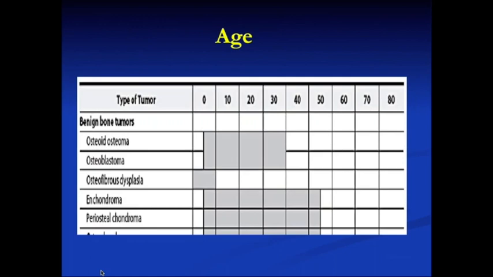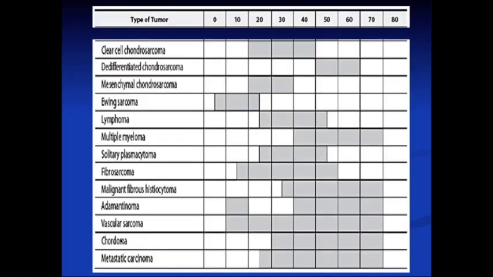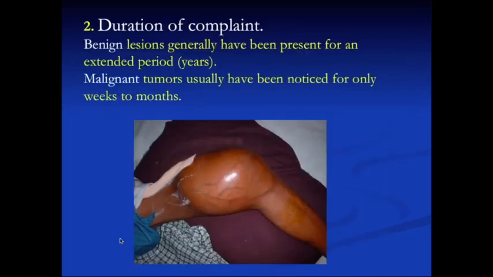Duration of complaint: benign lesions generally have been present for an extended period. It could be months or even a year. Malignant tumors usually have been noticed only for weeks or months, and the character of the pain has increased very fast. Rate of growth: classical example is an osteochondroma, which could have been there for a long time.